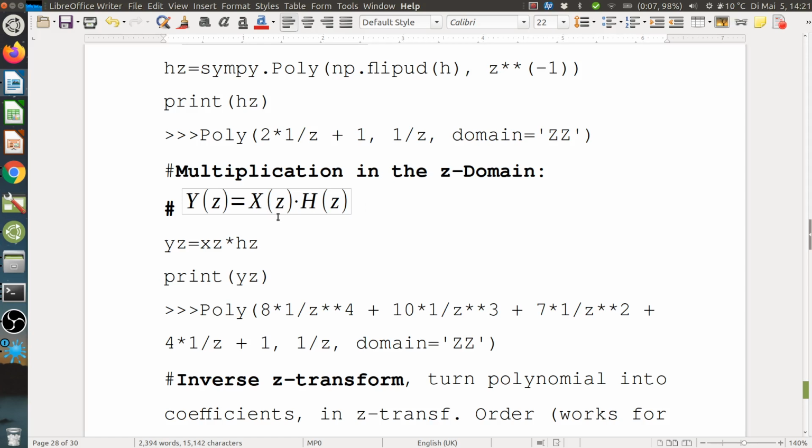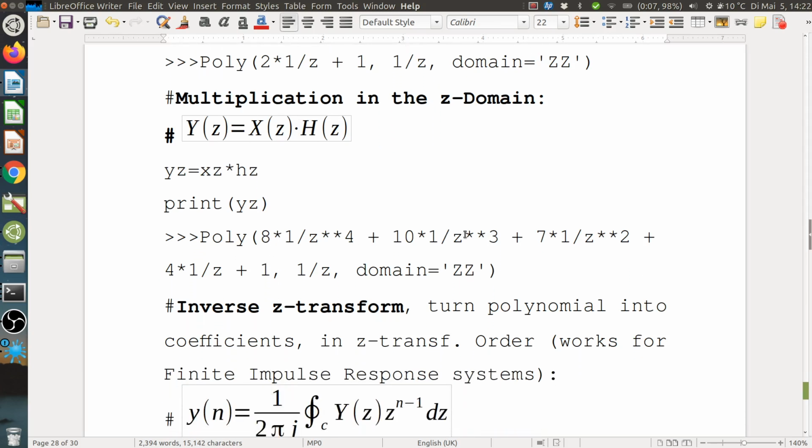Remember, if z is e to the j omega, then we just do it element-wise in the frequency domain. In Python, we have two polynomials, and if we multiply two polynomials, we have to convolve their coefficient sequences. So this is basically what Python is doing for us when we say multiply. So we have xz, the polynomial for x, so the z transform of x. Here the z transform of h, and here the star is the multiplication of those two polynomials. And here you can see the result.